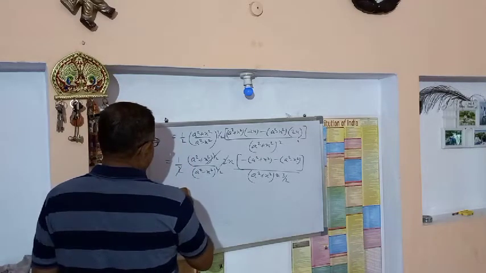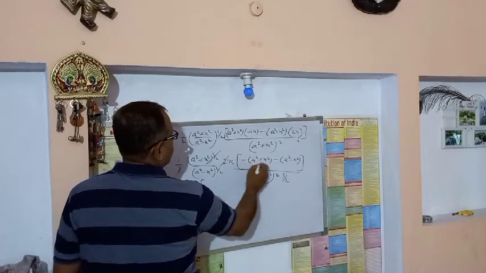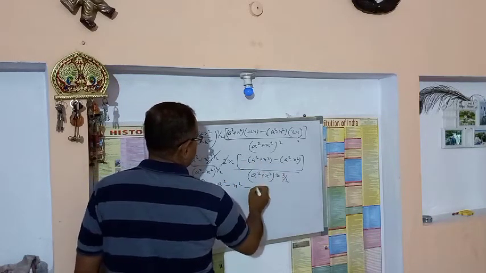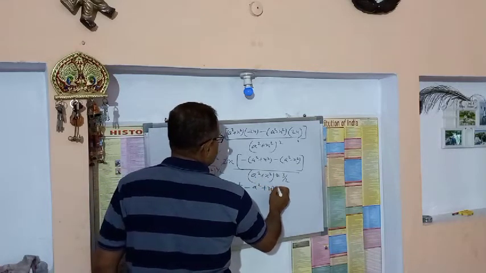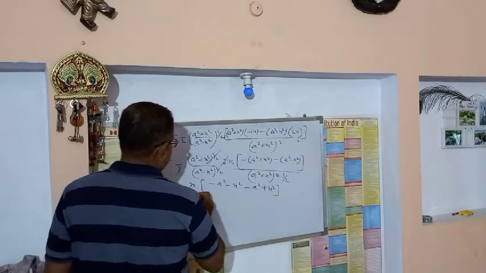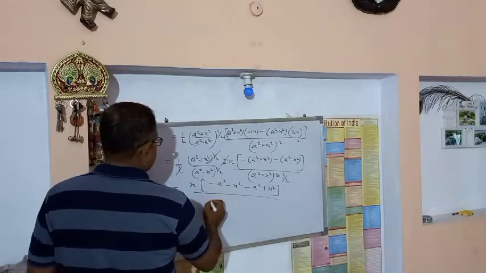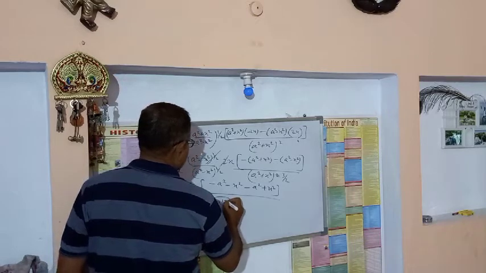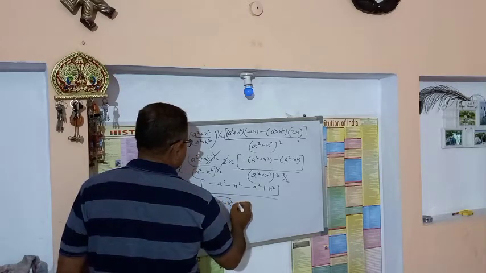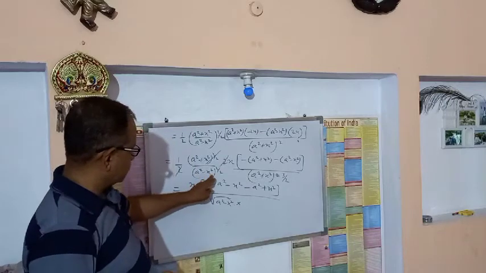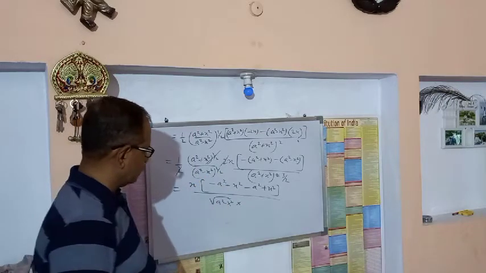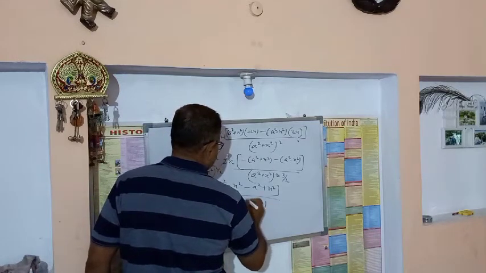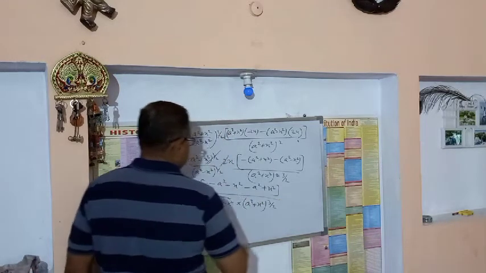So x, open this bracket, minus a square minus x square minus a square plus x square, whole upon, it can be written under root a square minus x square, power is 1 by 2 so under root, and this one a square plus x square to the power 3 by 2.